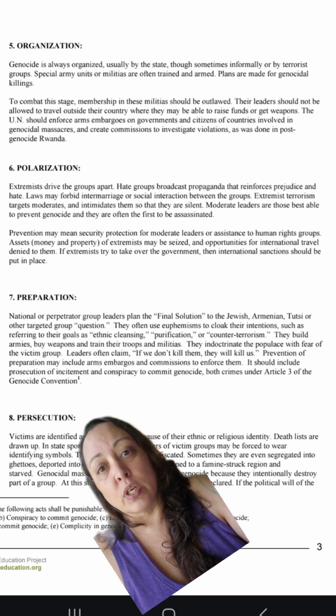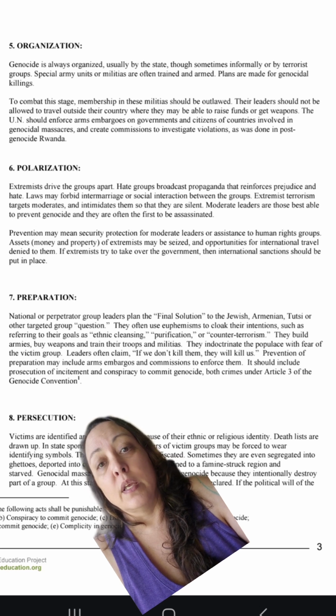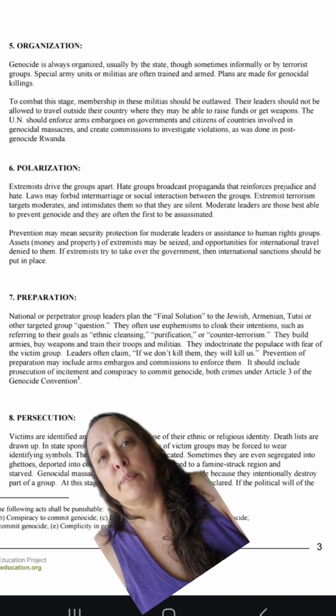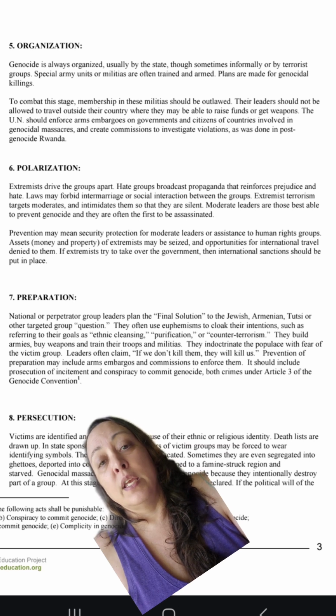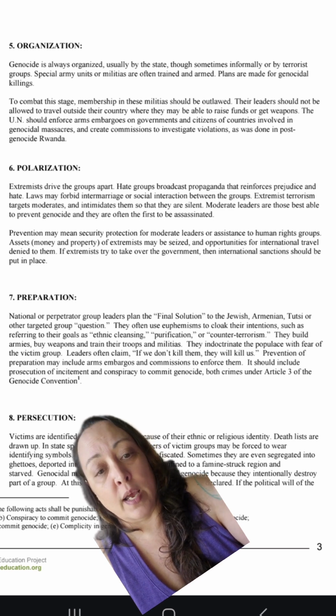Their leaders should not be allowed to travel outside their country, where they may be able to raise funds or get weapons. The UN should enforce arms embargoes on governments and citizens of countries involved in genocidal massacres and create a commission to investigate violations, as was done in post-genocidal Rwanda.